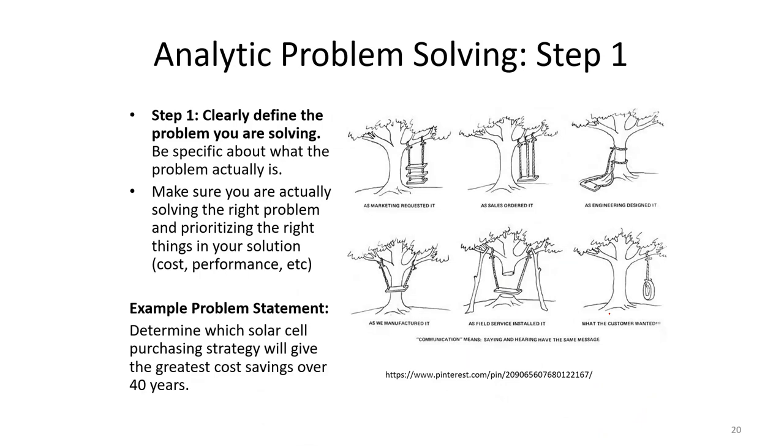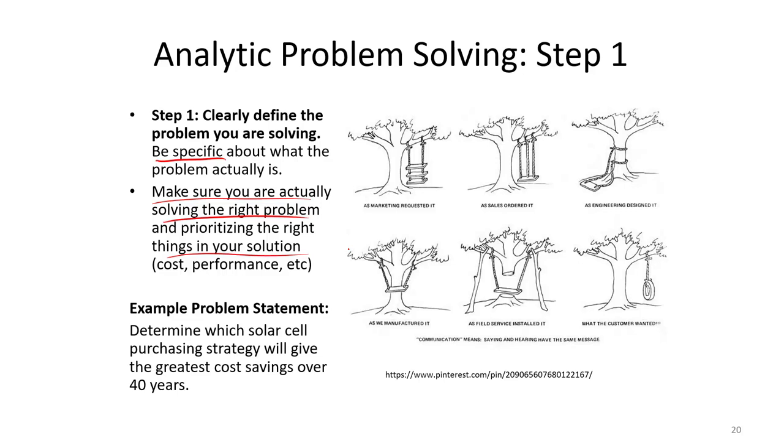So that brings us to step one. We want to make sure we clearly define the problem we're trying to solve. And be specific. Make sure you're solving the right problem and prioritizing the right things in your solution. Here's an example problem statement.